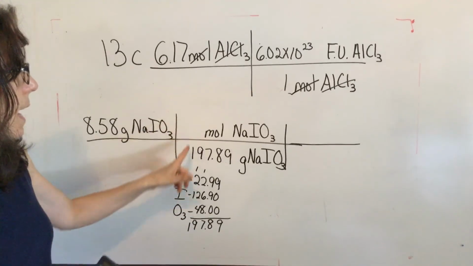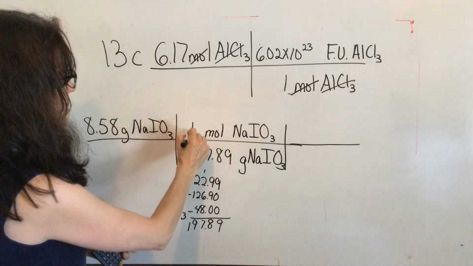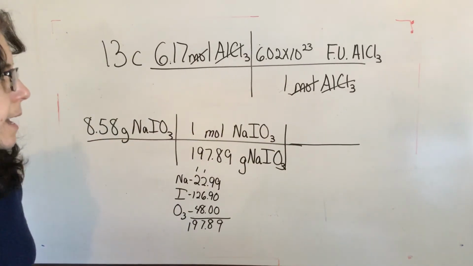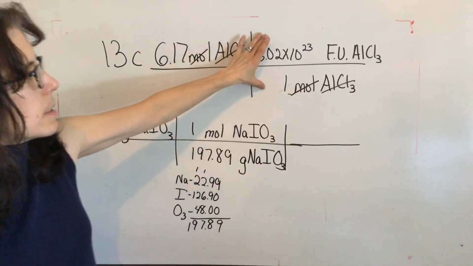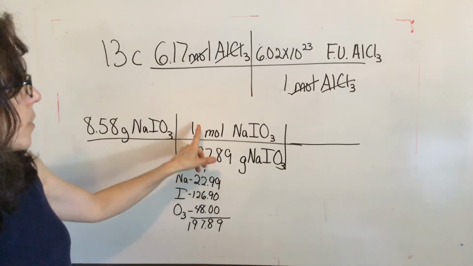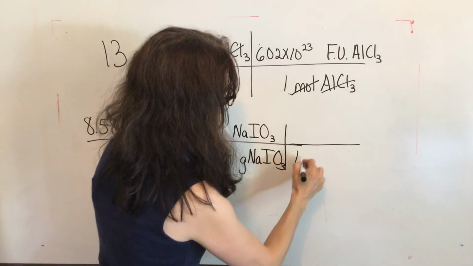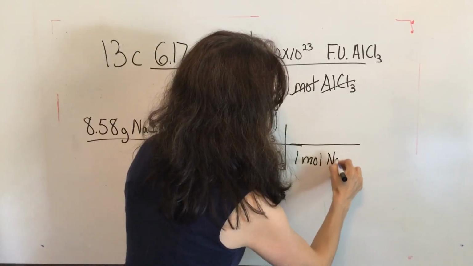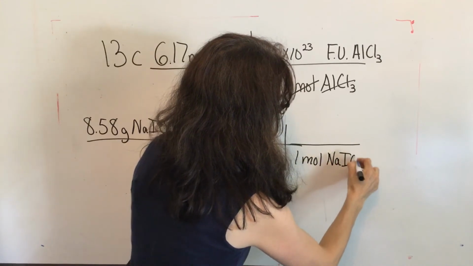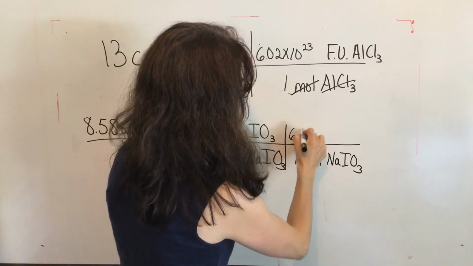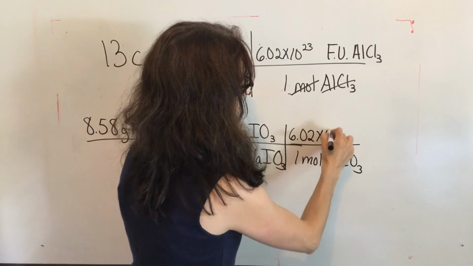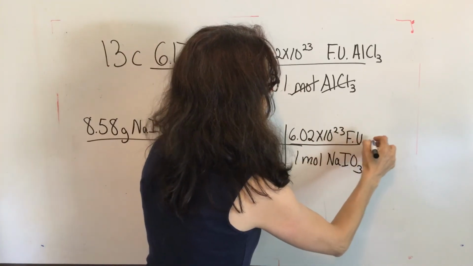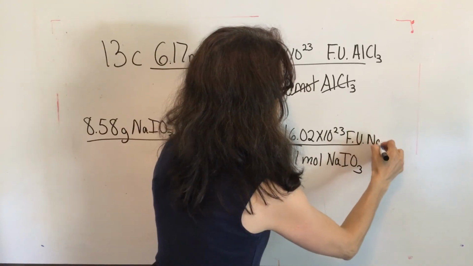All right, since it's asking for a quantity of formula units, we still have one more step, and it's going to look exactly like the one above it. We're going from moles, so 1 mole of sodium iodate is equivalent to 6.02 times 10 to the 23rd formula units of sodium iodate.